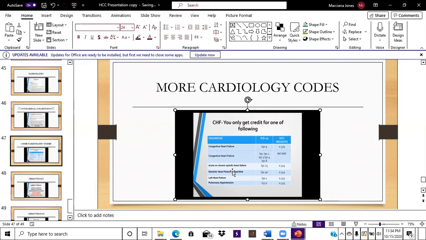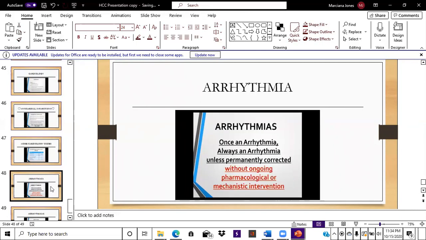Acute on chronic systolic heart failure, I50.23, RAF. Diastolic, RAF. Left heart failure, RAF. Pulmonary hypertension, RAF.